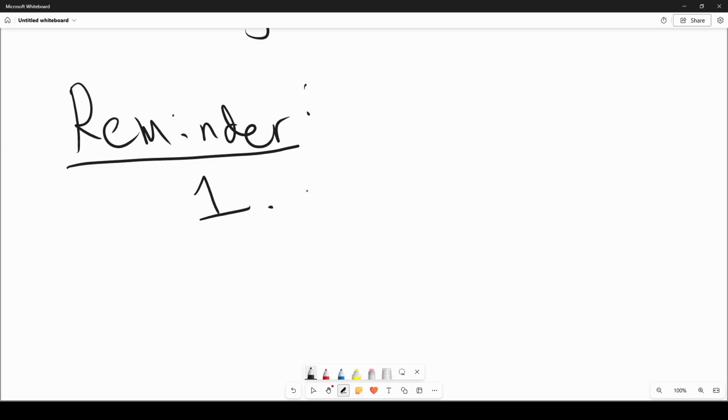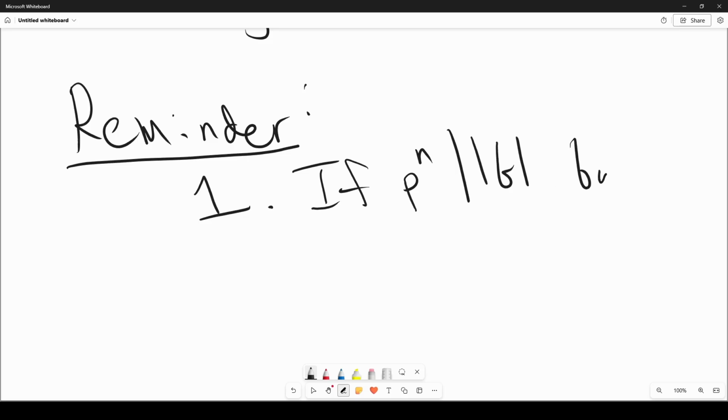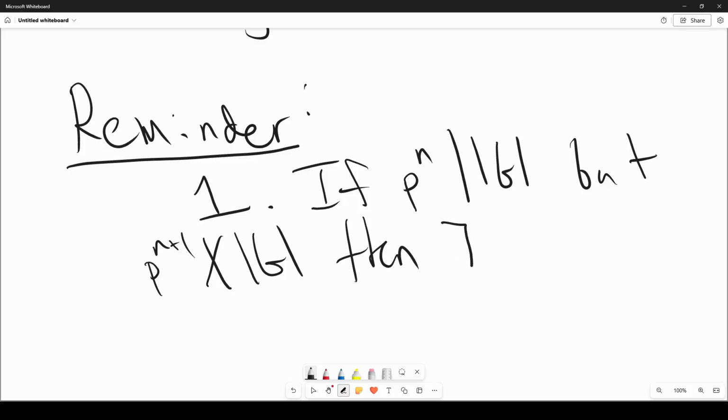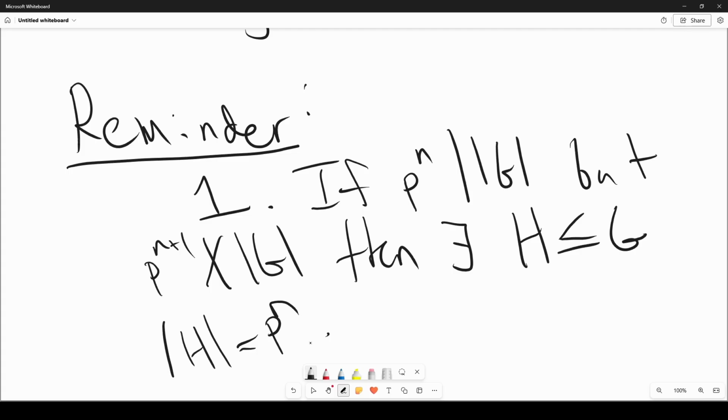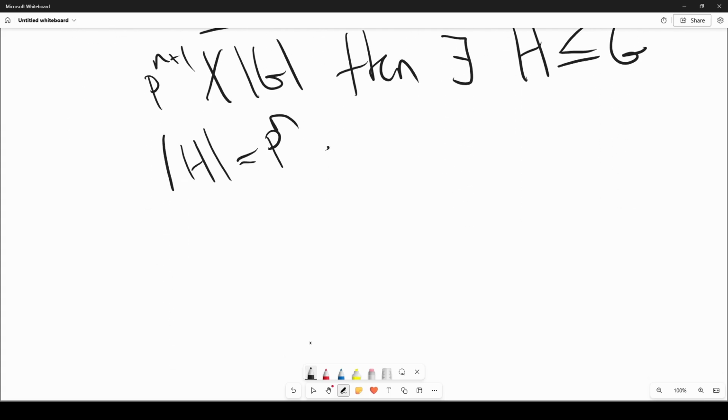The first one says if p to the n divides the order of G, but p to the n plus 1 doesn't divide the order of G, this is just saying p to the n is the highest power of the prime dividing the order, then there exists a subgroup H in G where the order of H equals p to the n. Basically saying there's a P Sylow subgroup.